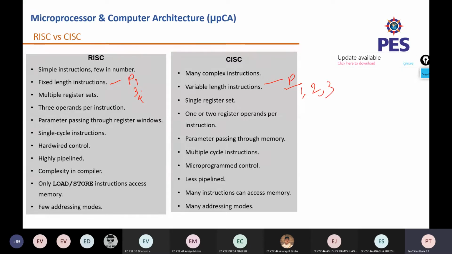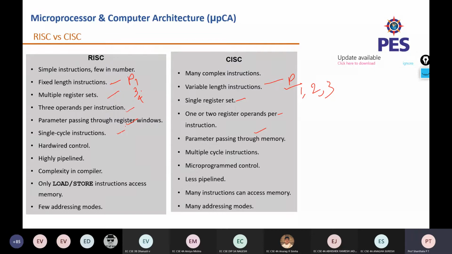So it is variable length instructions. RISC has multiple register sets, CISC a single register set. RISC has 3 operands per instruction, CISC 1 or 2 register operands per instruction. RISC passes parameters through register windows, CISC through memory.